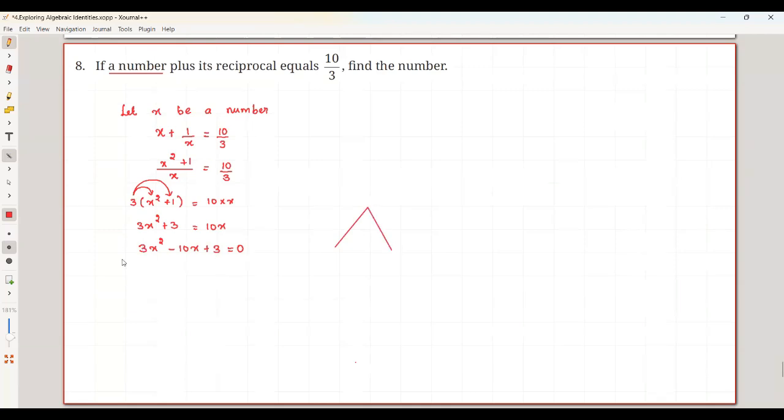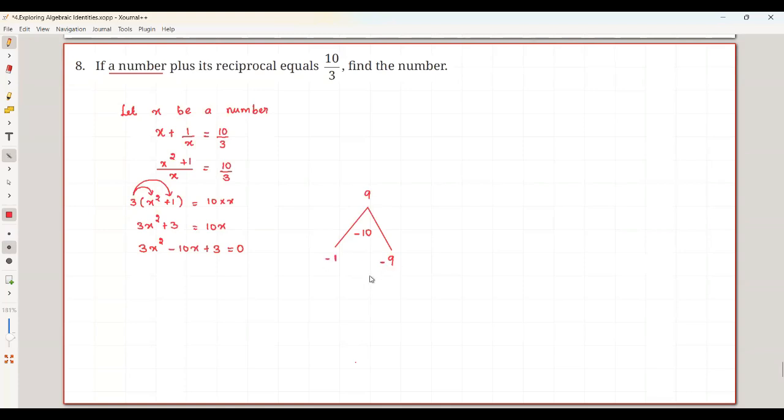So the product of two numbers should be 3 into 3, that is 9, and the sum should be minus 10. I can take 1 nines are 9, and while adding I have to get minus 10, so I take minus 1 and minus 9.